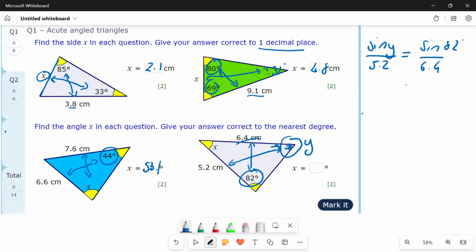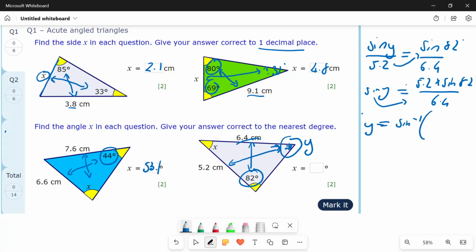Next step is to rearrange. We multiply the 5.2 on the other side, so that will be 5.2 times sin 82 over 6.4, and then move the sin, separating the sin from its angle will give us the inverse, and then everything as it was before.